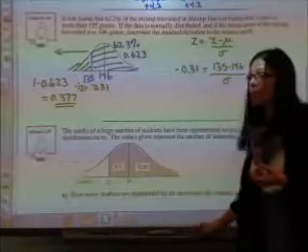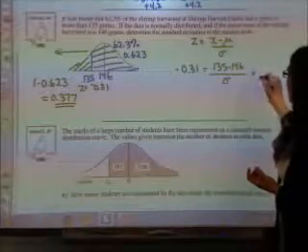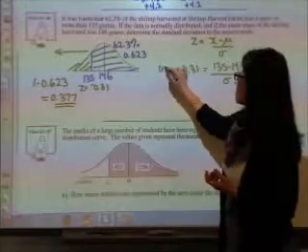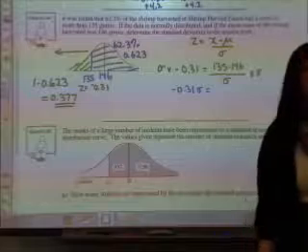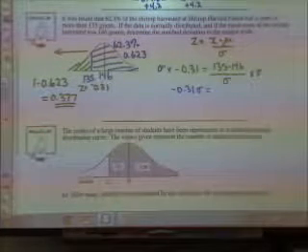So to solve for sigma, I'm going to multiply each side by that symbol first. What's 135 minus 146?